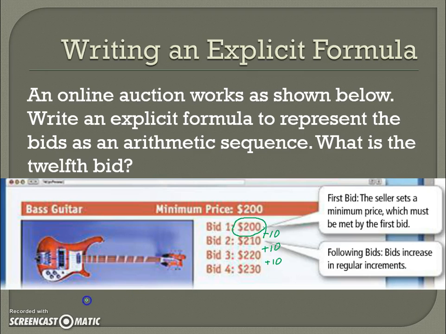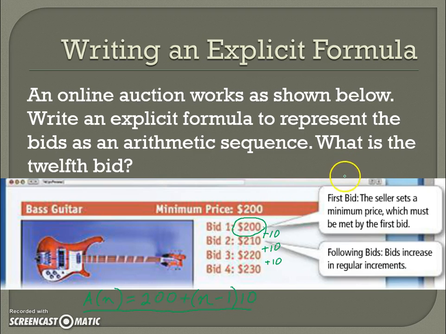I have A of n is equal to the initial amount, which is 200, plus n minus 1 times the common difference, which in this case is 10. That's it. That's my explicit formula.